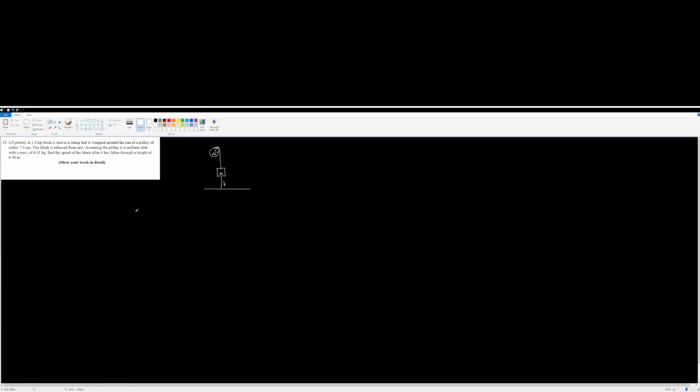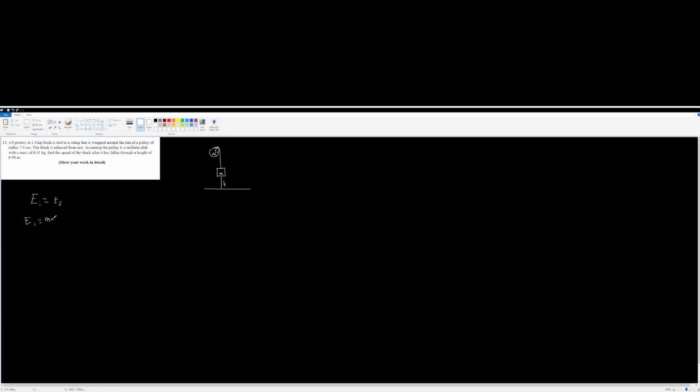So, in this case, we're simply going to say that the initial energy is equal to the final energy. That's how we want to use some algebra to find the velocity. Our initial energy: we know that the block is at rest and it's some height off the ground. That should clue you in that we're just dealing with potential energy at the beginning.